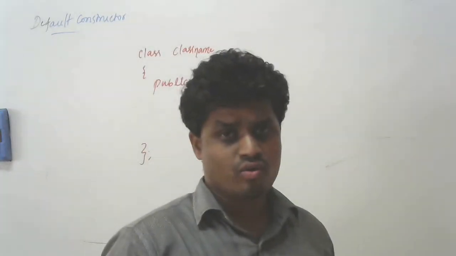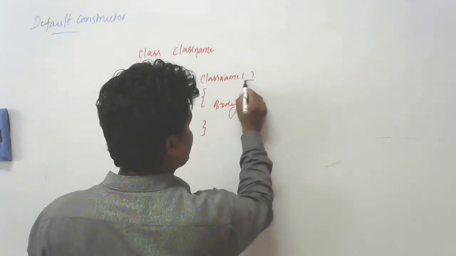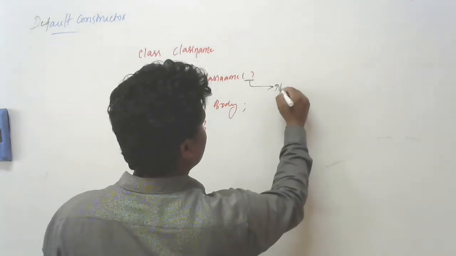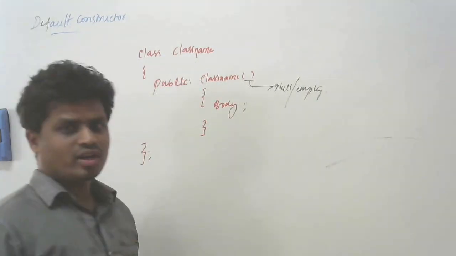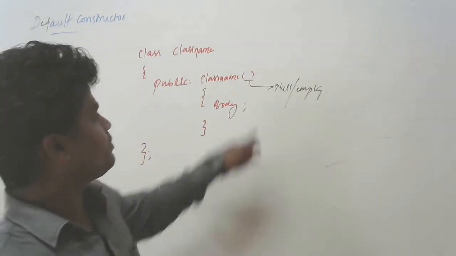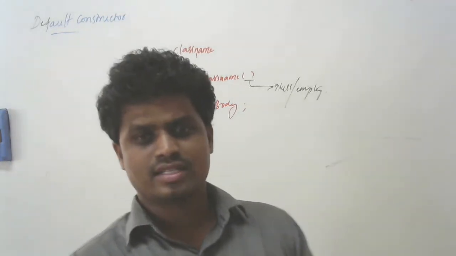Hope you understood now. Why do we call this a zero argument? Because here it does not accept any argument. It's null, or empty, you can say. When you are calling the constructor and it does not accept any argument or any value, that is called a zero argument constructor.